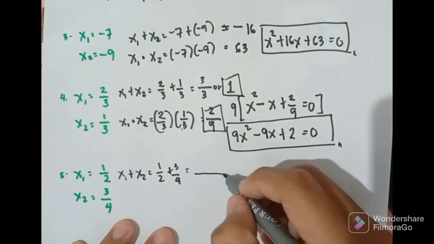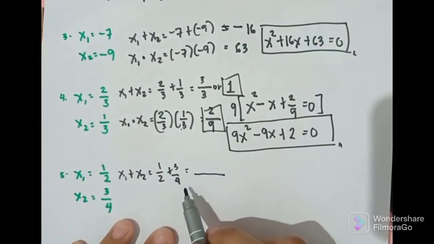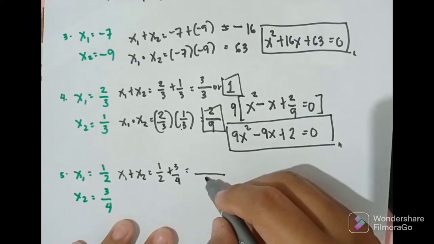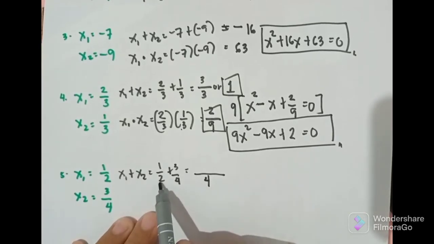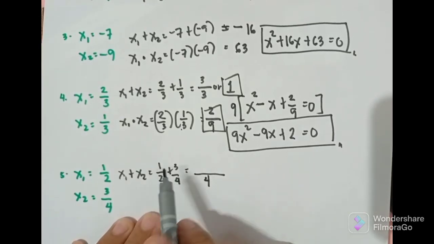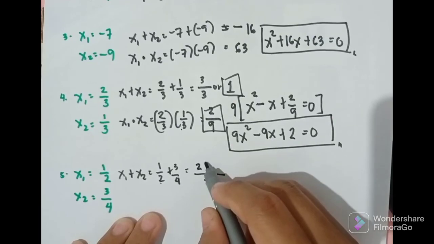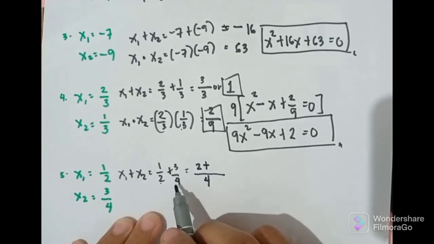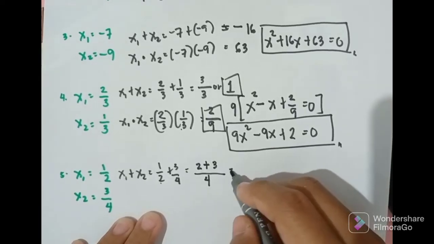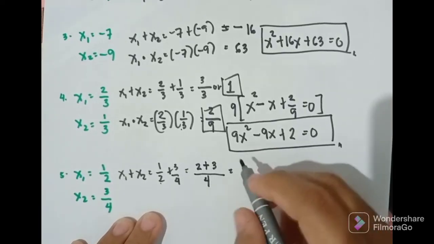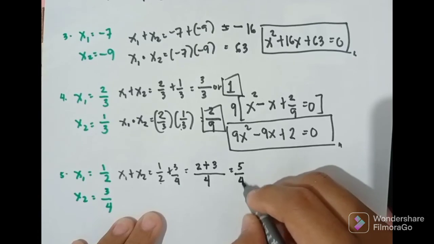Ano ba yung LCD ng 2 and 4? So, that is 4. So, gagawin natin, divide times. So, 4 divided by 2, that is 2, times 1, that is 2. Plus, 4 divided by 4, that is 1, 1 times 3, that is 3. Then, we simply add 2 plus 3, that is 5 over 4.